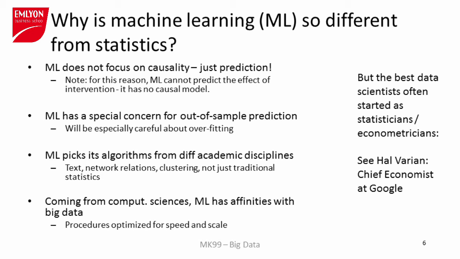So the algorithms that machine learning uses have no underlying explanation of the world or the relations between the variables. You can do whatever works best for prediction, so it can work better than purely statistical models.